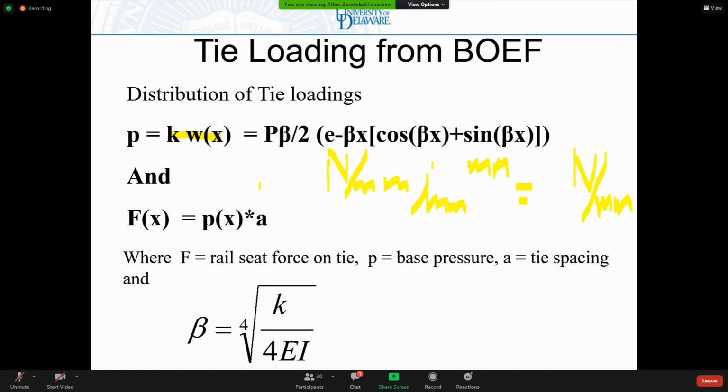That is essentially a distributed force.